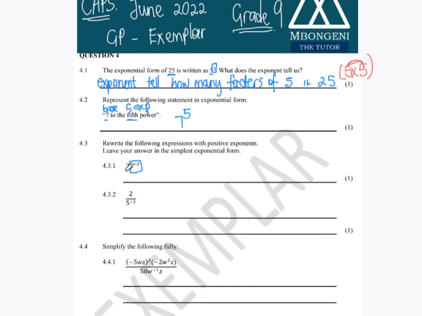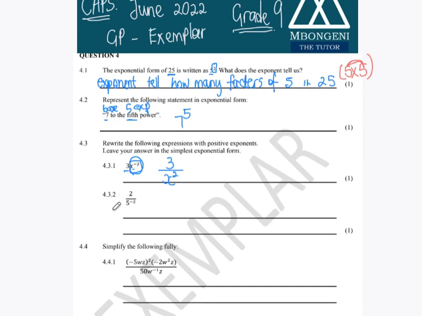So the 3 remains on the top, and the only way to change a negative exponent into a positive is to drop it below the fraction line, or from the fraction line from the bottom to the top. So the 3 stays as is, and then this must now drop. So you have x squared. So this is now the positive exponent of this negative exponent, x to the power negative 2 here.